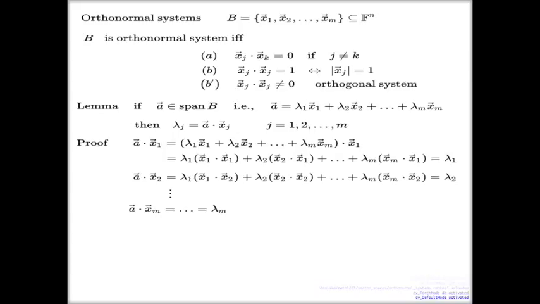Right. I'll show you one example of how this works in order to convince you once again how effective orthonormal systems are. But before we do that, I'll show you one corollary on the same slide. And this is in fact question 52 from the yellow book. Look what it says.